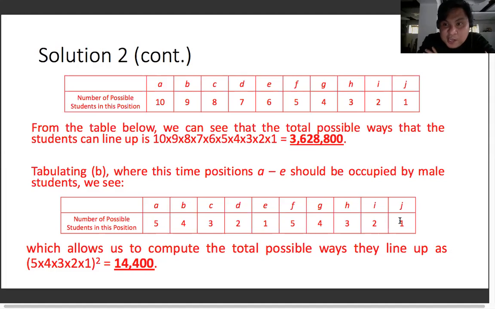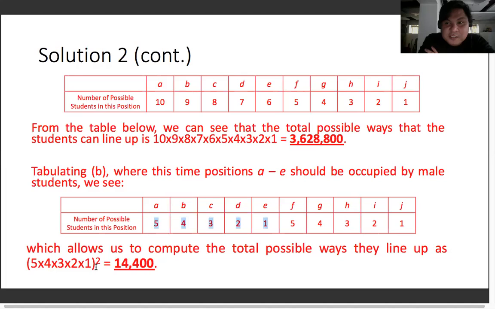But if we're in a hurry, notice that we can just multiply these 5 numbers here and then just square them. That definitely saves us a lot of time in punching the numbers in the calculator. So 5 times 4 times 3 times 2 times 1, whatever the answer there is, you square that, you get the product for this one. And here is how it goes.